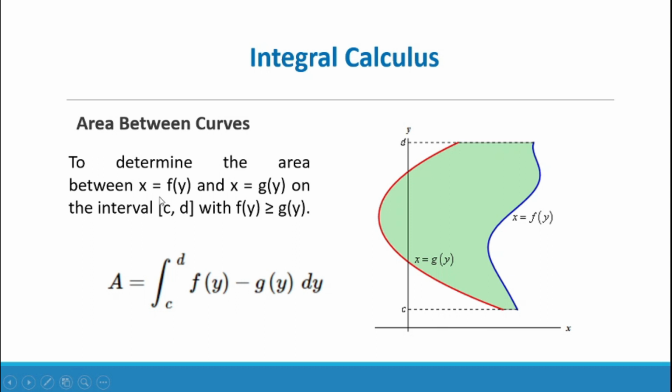To determine the area between x equals f(y) and x equals g(y) on the interval c to d, with f(y) greater than or equal to g(y), the blue curve is x equals f(y) on the right portion, and the left portion is x equals g(y), and the shaded area is the area between curves from c to d. So the area formula is equal to the integral of f(y) minus g(y) dy from c to d.